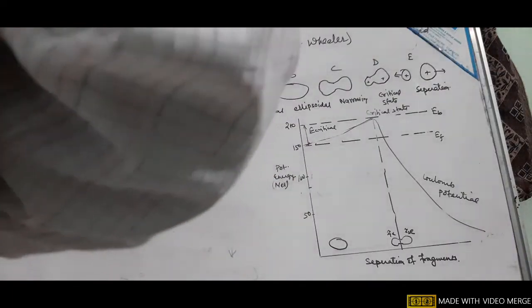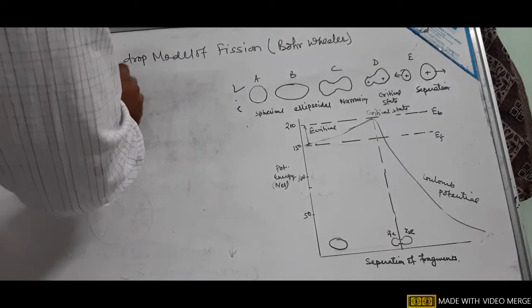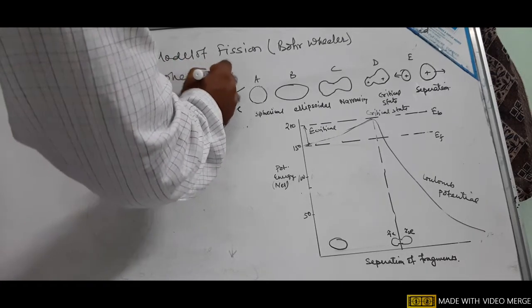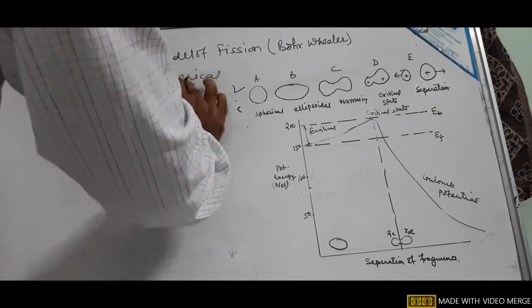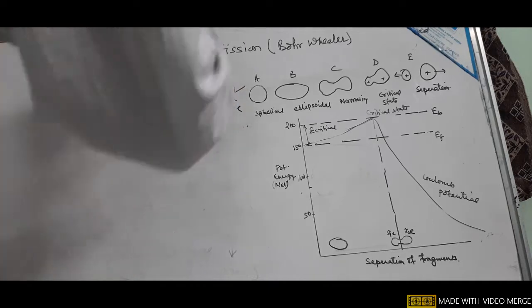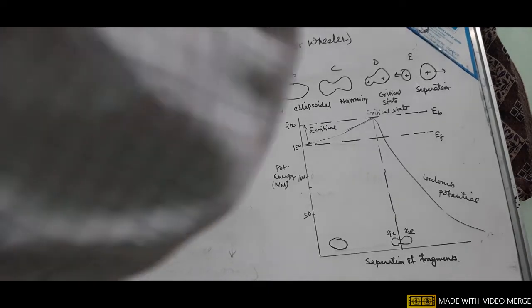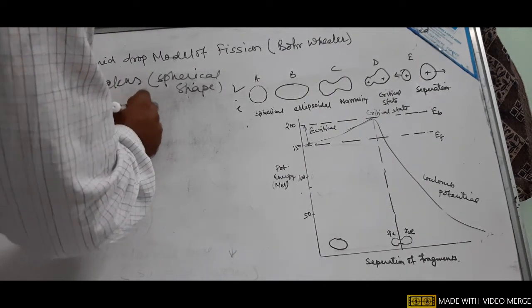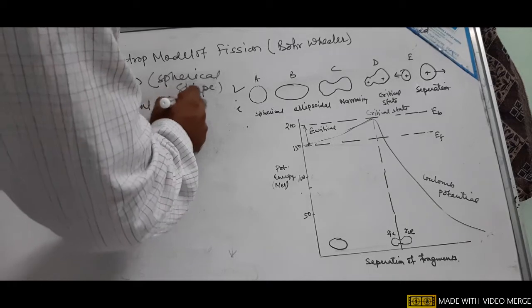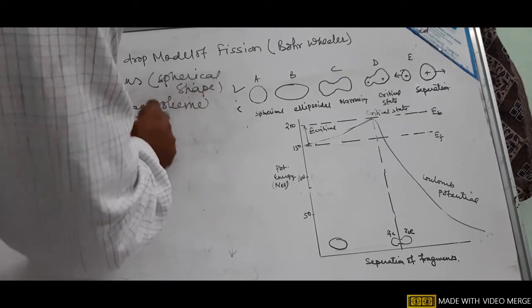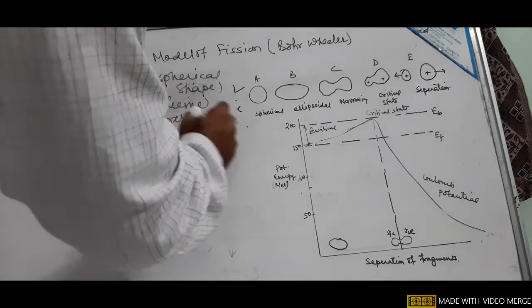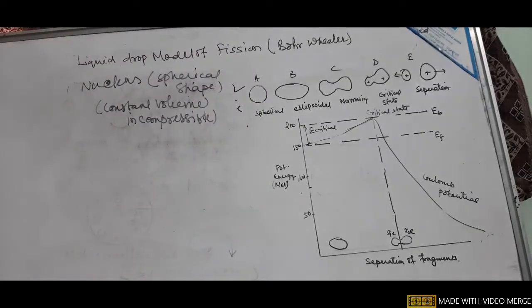So we consider the nucleus to be of spherical shape. This spherical shape is an incompressible nuclear fluid, which has a constant volume, because incompressible means it has constant volume.